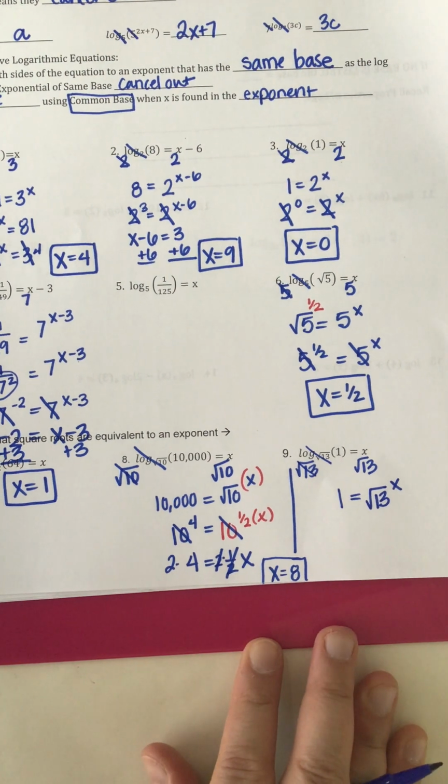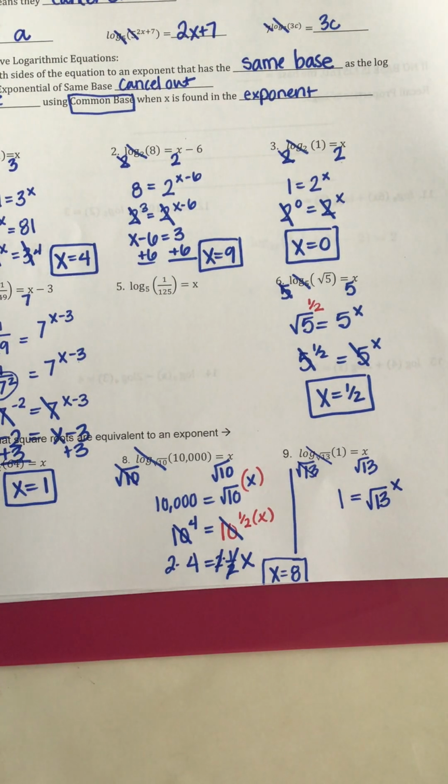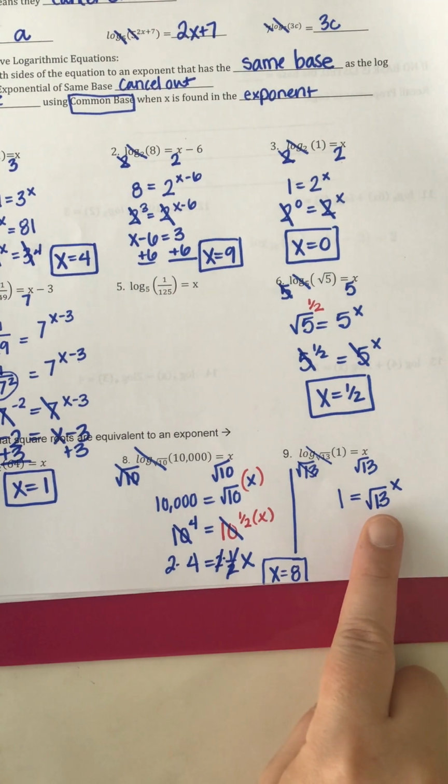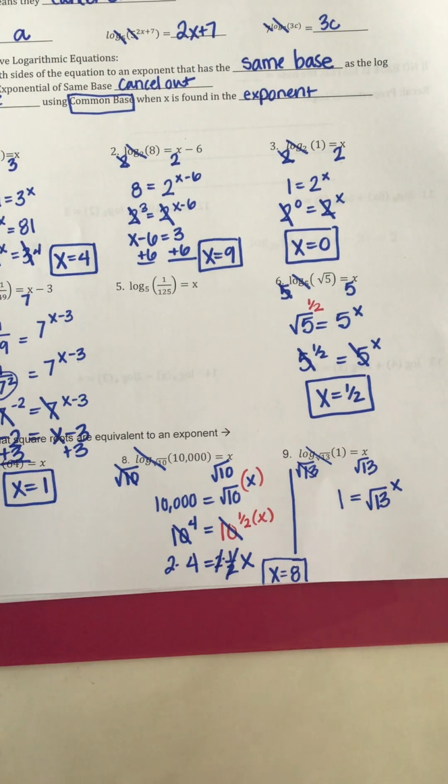Okay, what can I use as an exponent if I want it to come out to be a 1? 0. And remember, I can pick whatever base I want. So if I want to match the base that's already here, what am I going to use? Can I pick root 13 so that they're exactly the same?